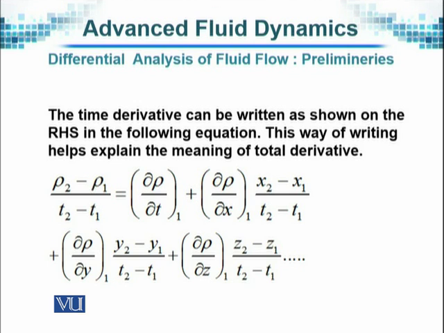So we divide throughout by t2 minus t1, remember, throughout. This means that there are second order terms that are also being divided but not written here.